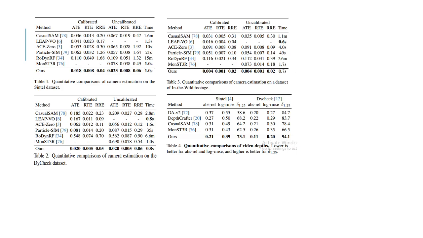Here absolute relative error, log RMSE and delta 1.25 are checked for both Sintel and DyCheck with existing models and this MegaSaM model, for the qualitative comparison of video depth.